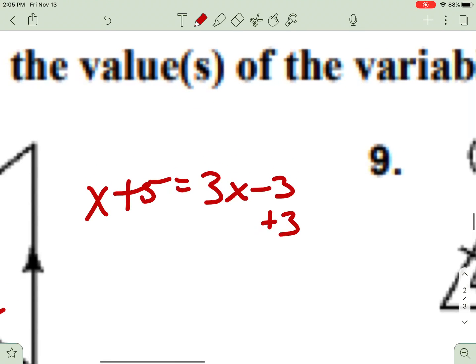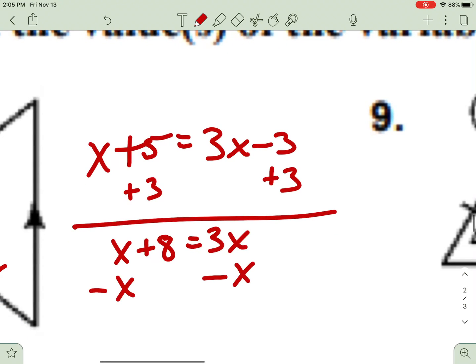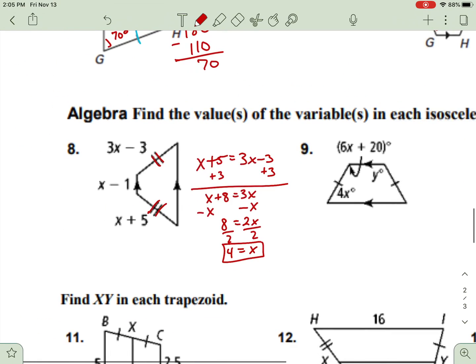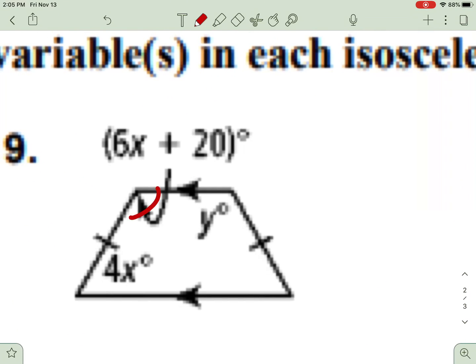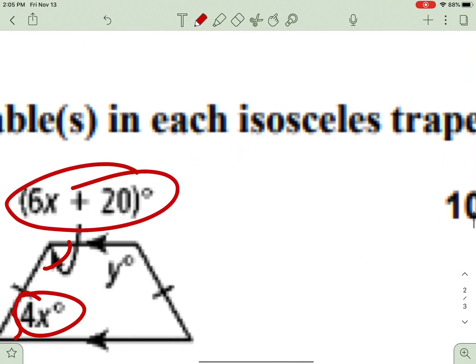Okay, so add 3, x plus 8 equals 3x, subtract x, 8 equals 2x, divide by 2, 4 equals x. Done.